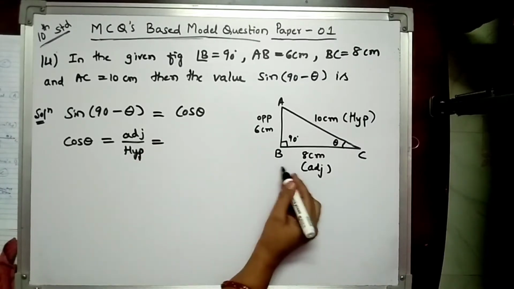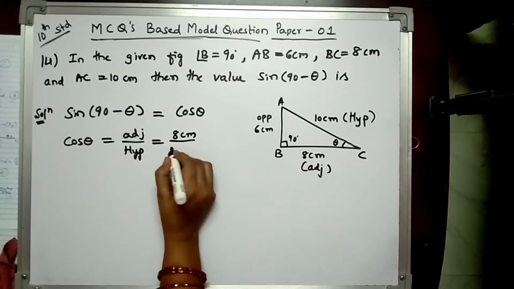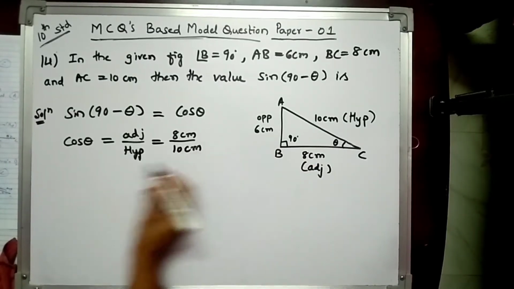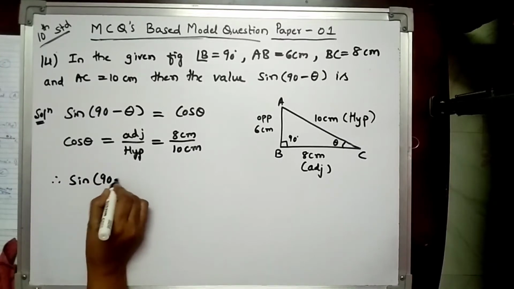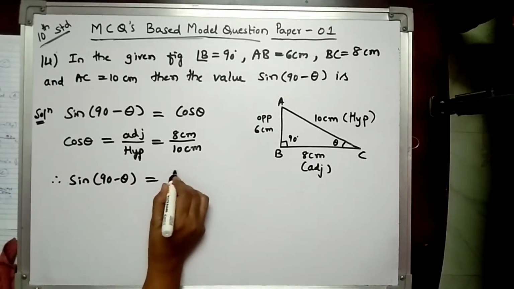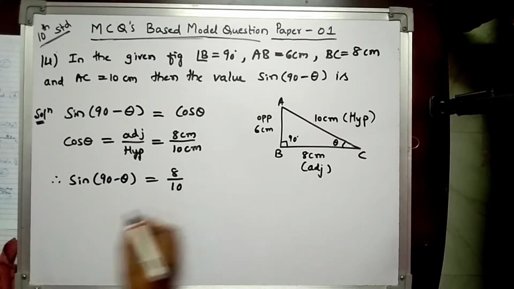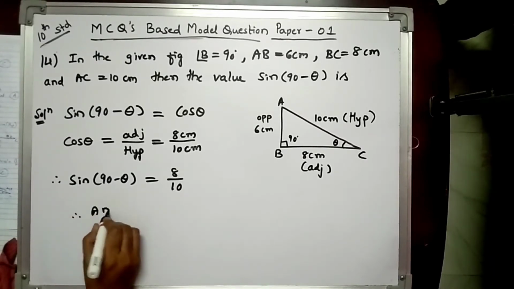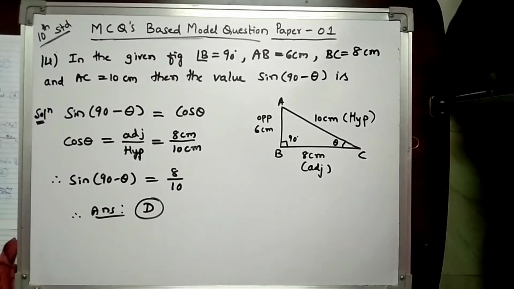Adjacent means BC is 8 centimeter and hypotenuse is 10 centimeter. Therefore, the value of sin 90 minus theta is equal to 8 by 10. So option D. Yes. Next question.